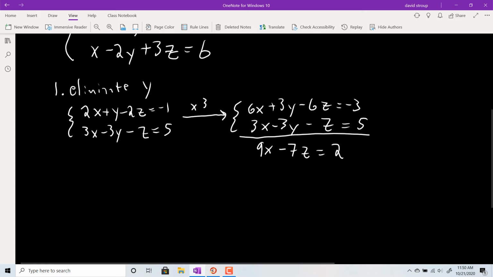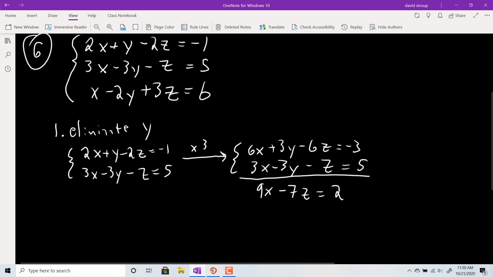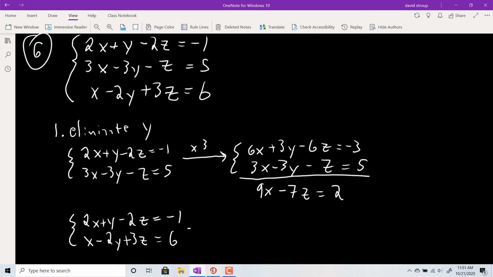I need one more. So I borrow two different equations, or you could borrow the first one again, 2x plus y minus 2z equals -1, and then I'll borrow the third, x minus 2y plus 3z equals 6. You don't use the same two equations. One can be the same, but you have to pick another one.